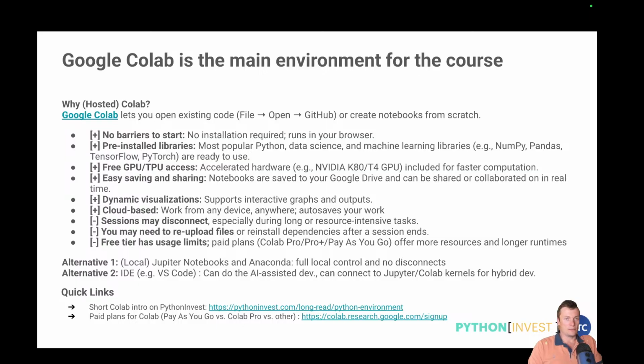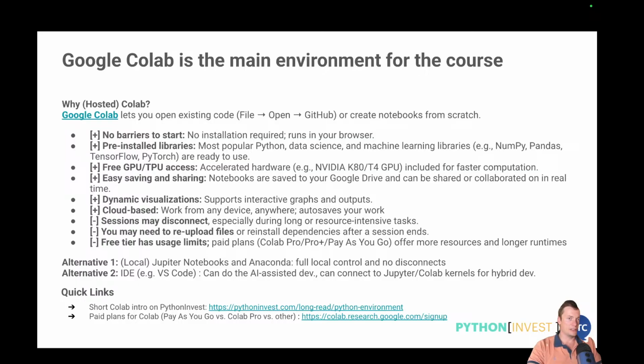I use Colab because of a few things. It has low barriers to start. You do not depend on your environment, it runs in your browser, and in many cases it's enough for our goals. You already have a lot of pre-installed libraries.